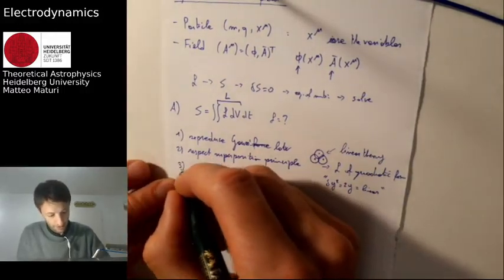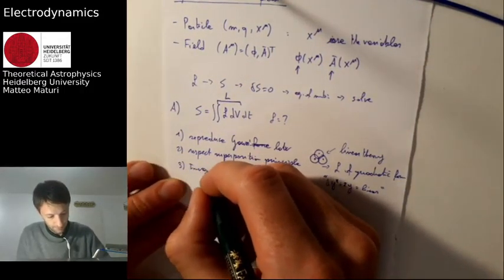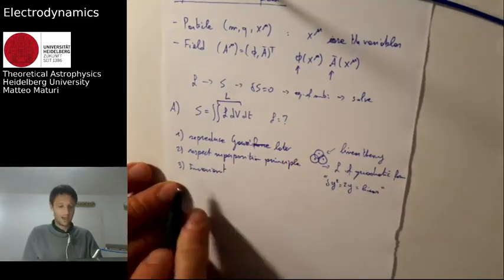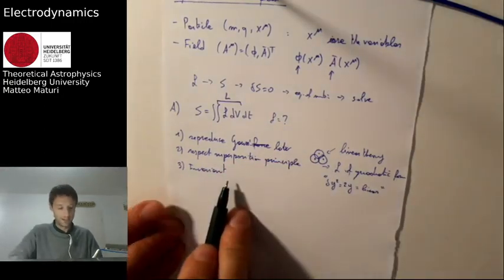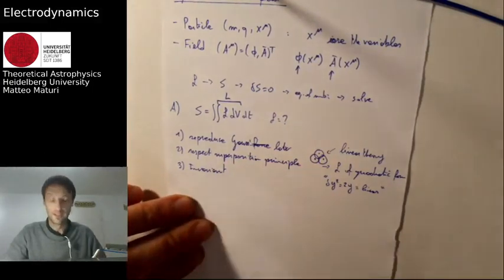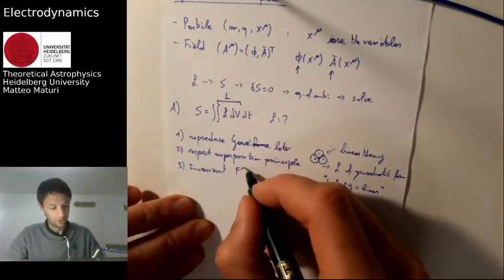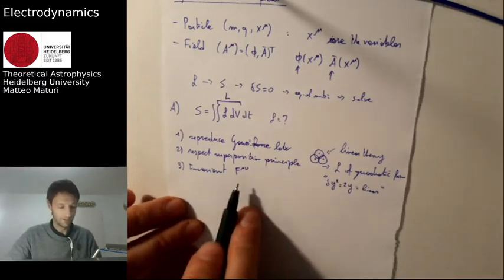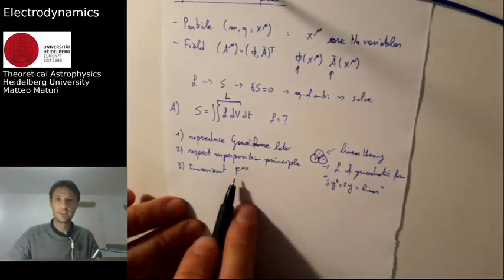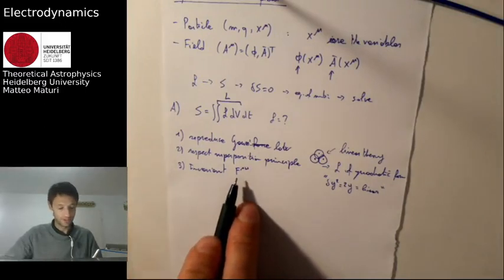And then it has to be an invariant. We have seen which kinds of invariants are related to the field, which is expressed by the F mu nu. So the field is contained in this tensor, which is antisymmetric.